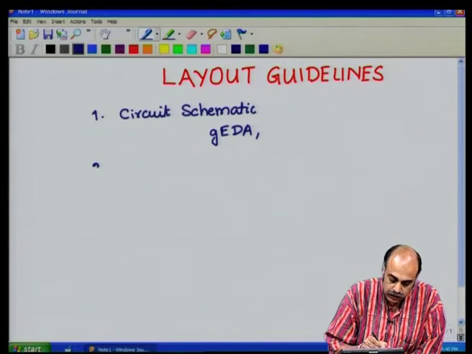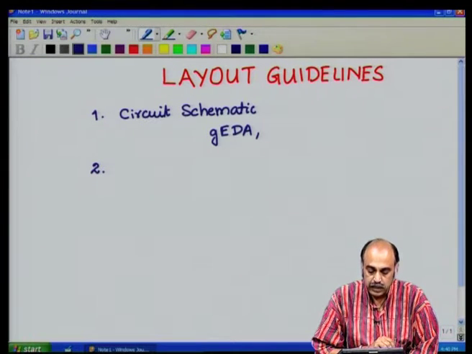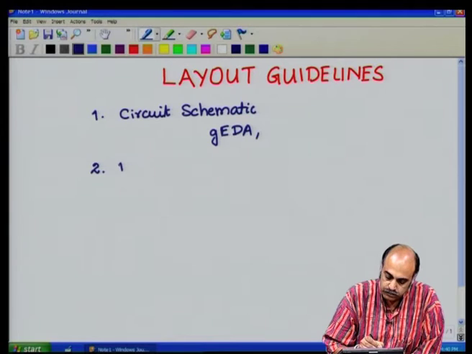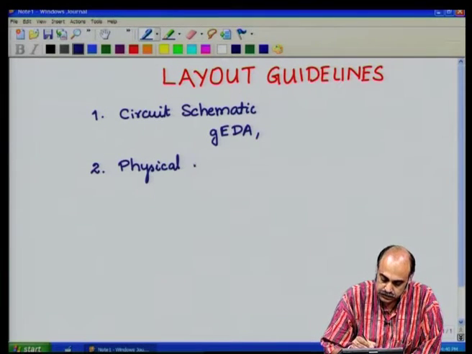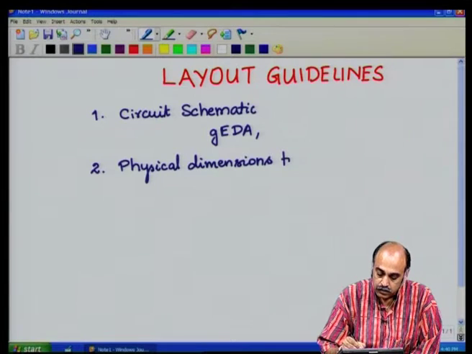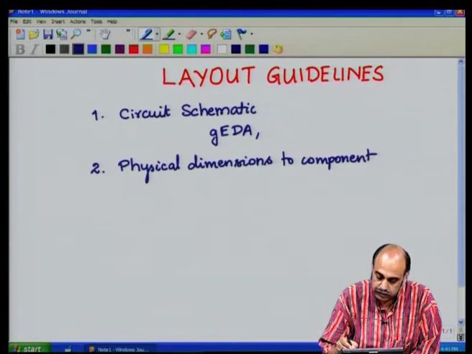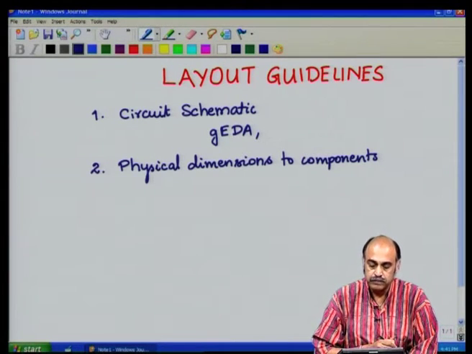Then after you have taken in the schematic, you will have to give the physical dimensions to the components. So, you need to fix these physical dimensions by way of footprints or footprint symbols.